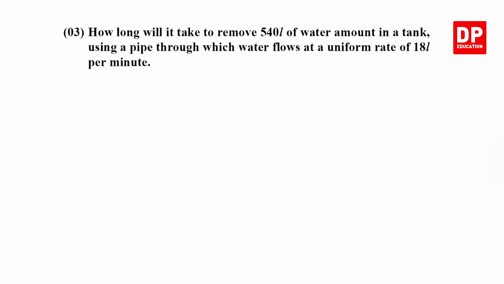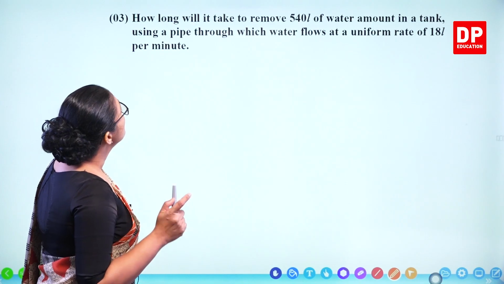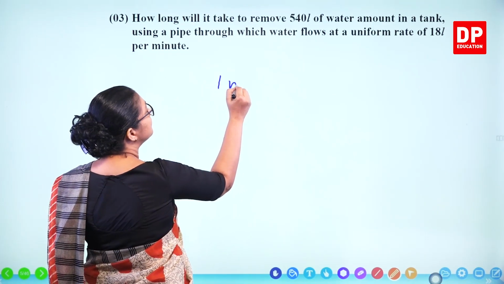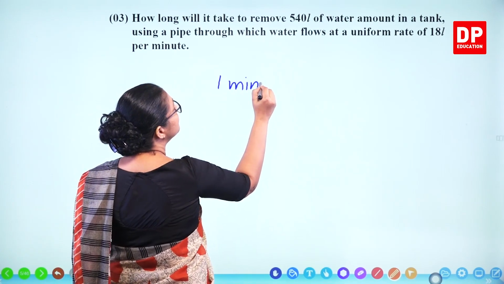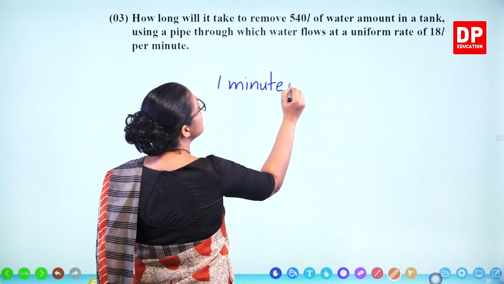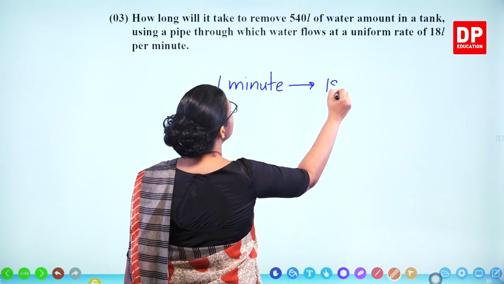Question number 3. How long will it take to remove 540 liters of water in a tank using a pipe through which water flows at a uniform rate of 18 liters per minute? In 1 minute it's 18 liters.